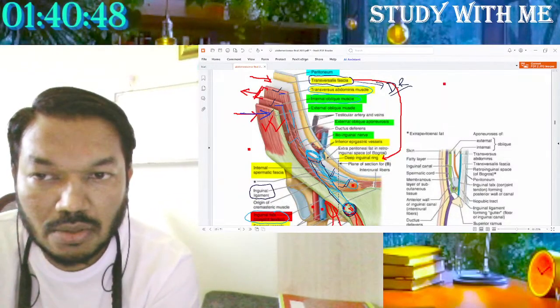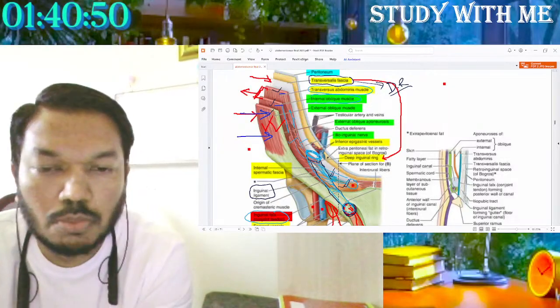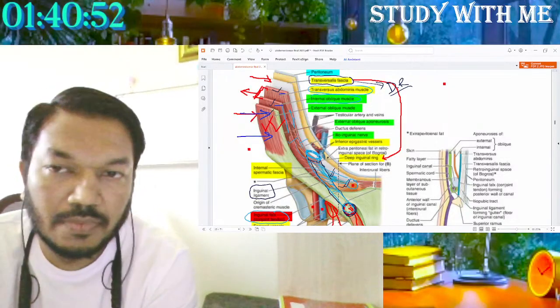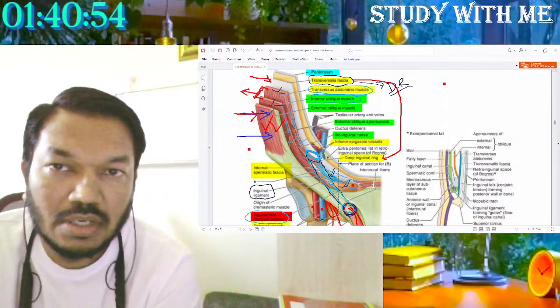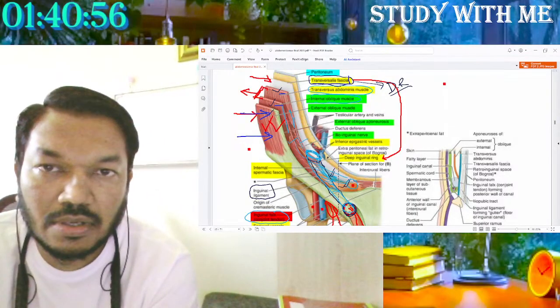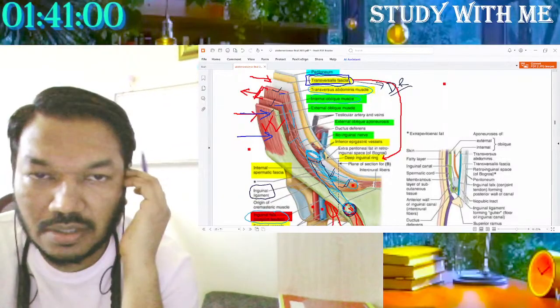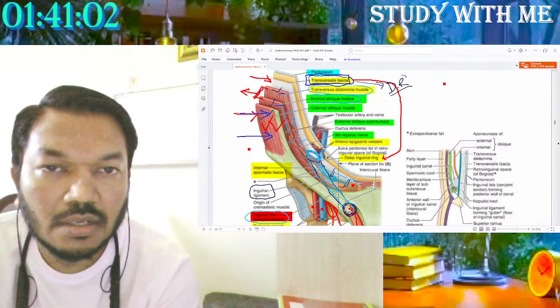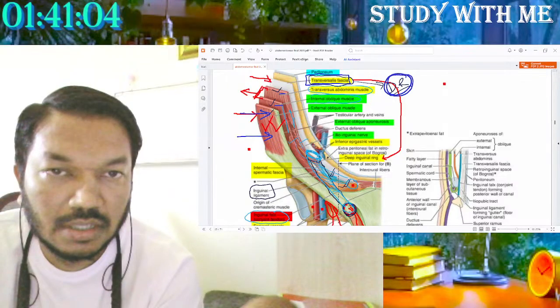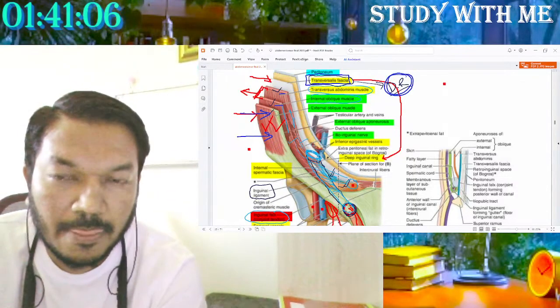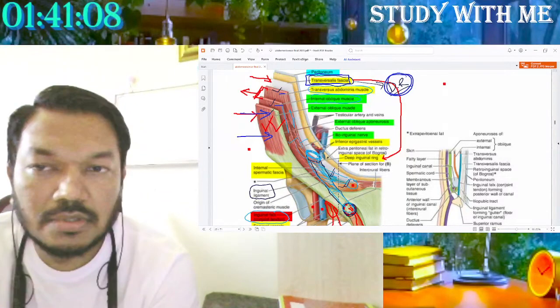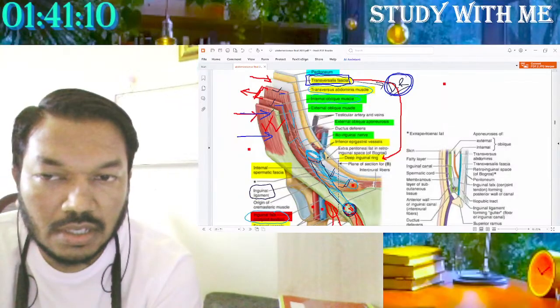The external oblique is forming the superficial ring. And the deep one, transversalis fascia, is forming the deep ring.